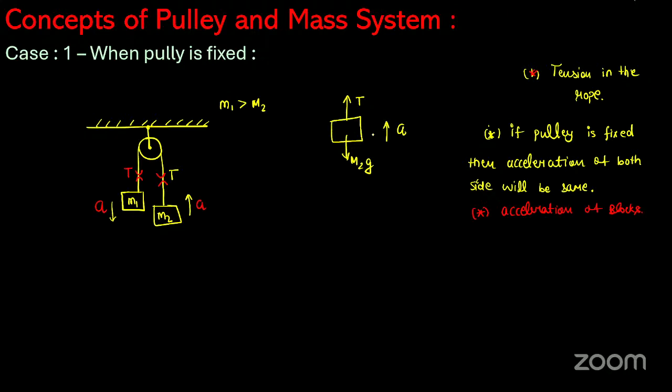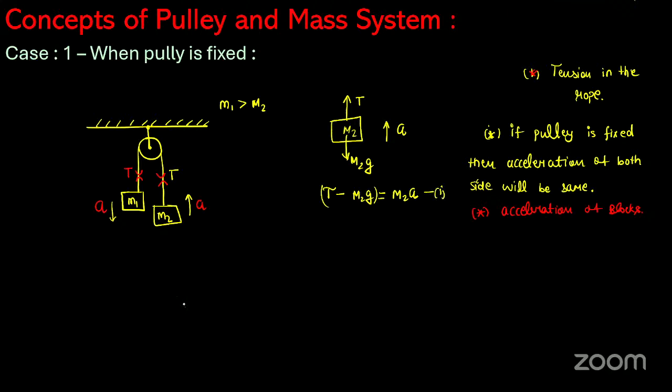I have told you that whatever force is in the direction of acceleration, you have to consider that force as positive. So T minus M2G should be equal to M2A, mass into acceleration. This is the net force equal to mass into acceleration, and since we are observing only M2, that's why we kept M2 here. So this is the first equation.